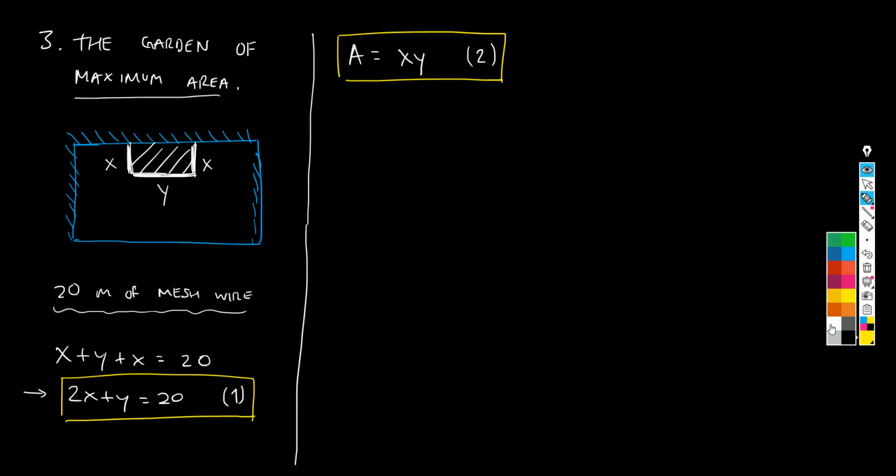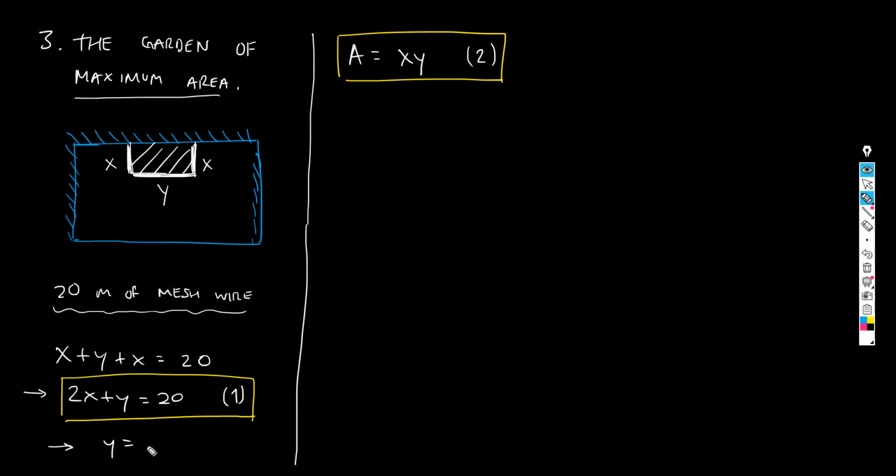Now, the trick for solving this problem and many other problems which are similar to this one is the following. I'm going to try to combine my two equations in the following way. I'm going to isolate y. I can also isolate x, no problem, but I'm going to decide for y.